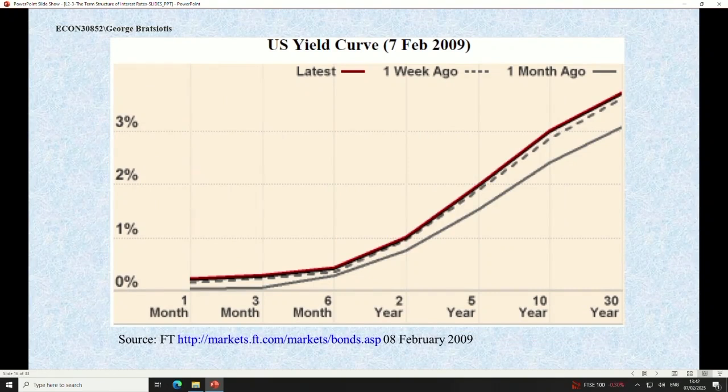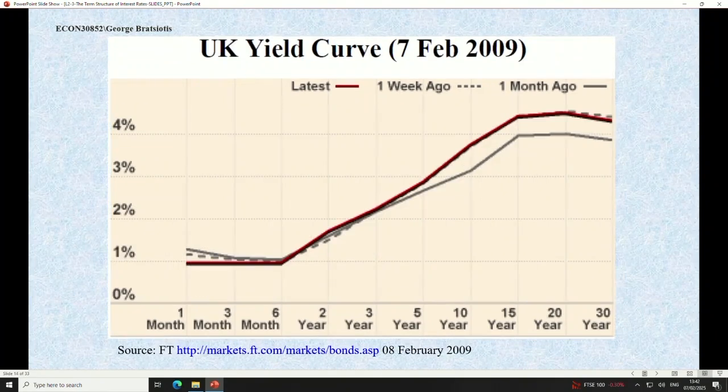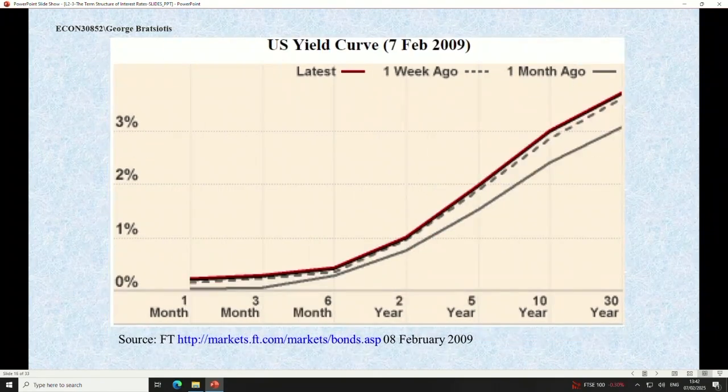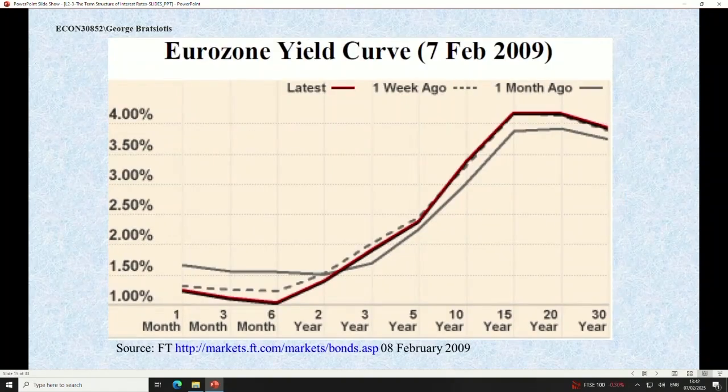But fine, okay. So let's look at this. I mean, what you get is, in the US, you get a normal yield curve, what we call the smoothly upward sloping yield curve. Can you see that? But if you look at Europe and the UK, whoops, you get an S-shaped yield curve.